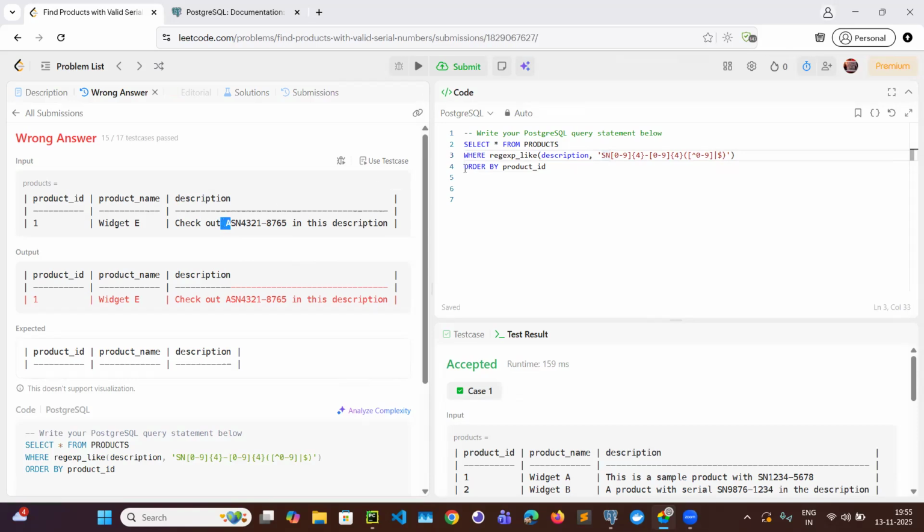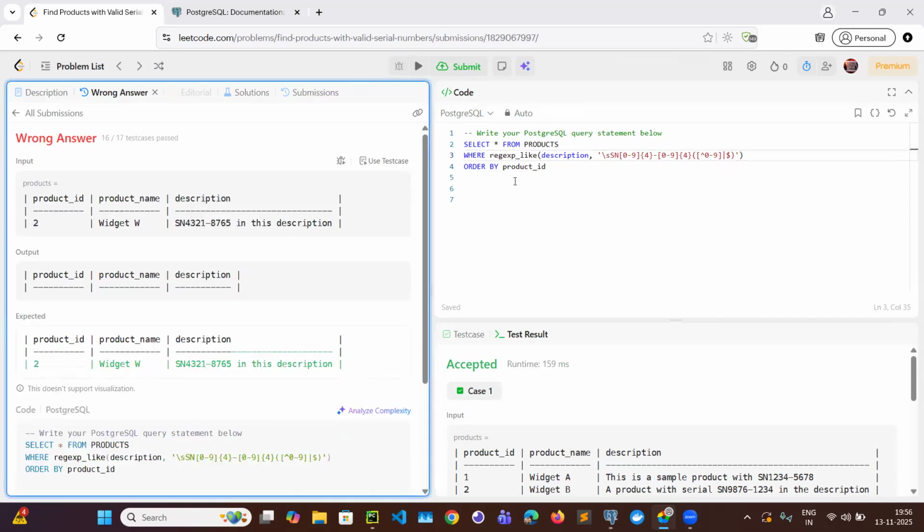So basically we need some space, and for the space we give \s. Will it work? Let's see. So here it is not working because now one test case is not working. 16 pass, only one is not working.